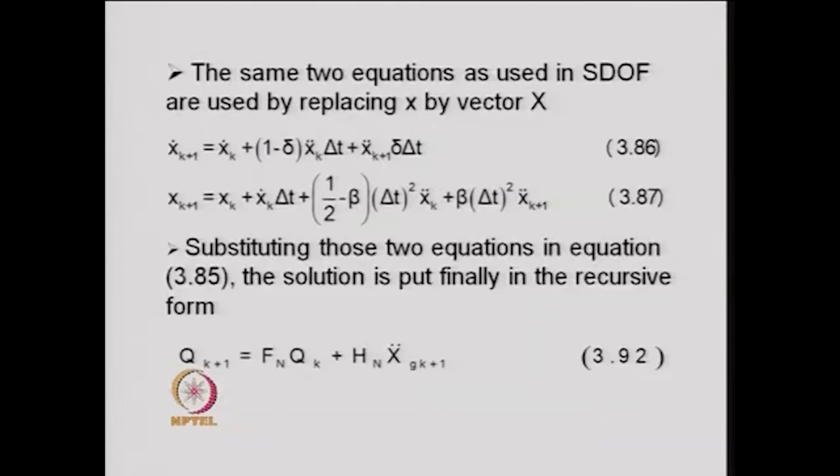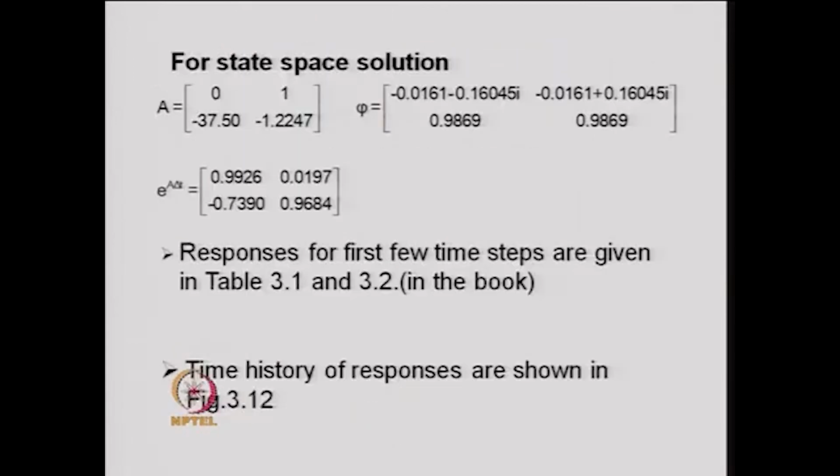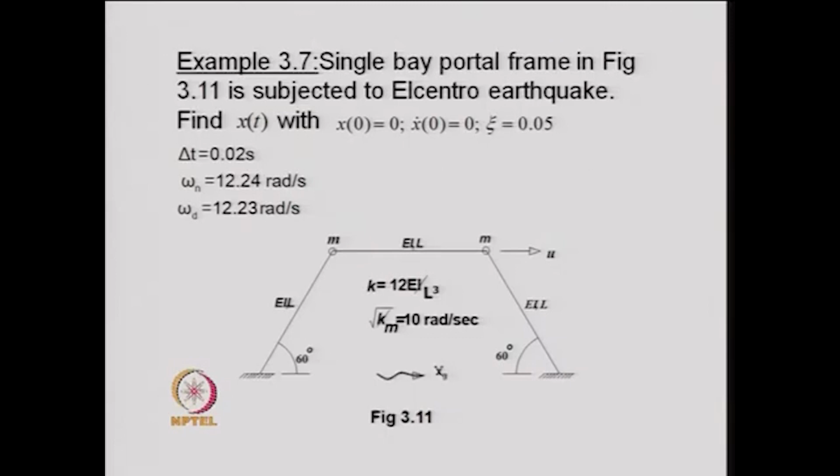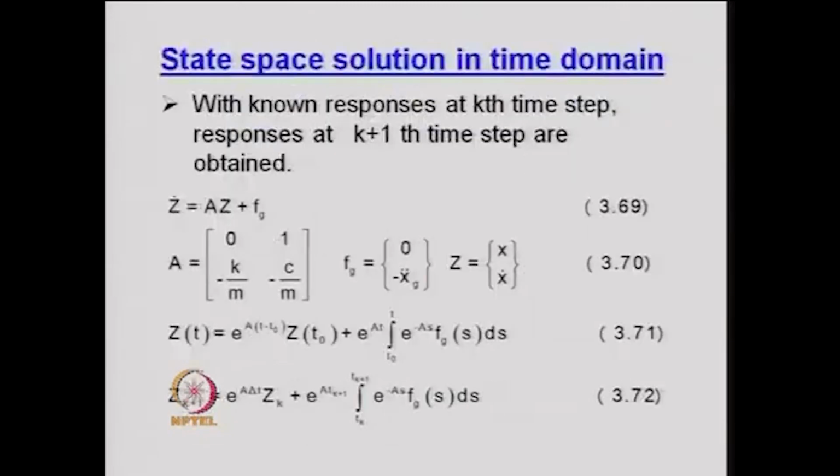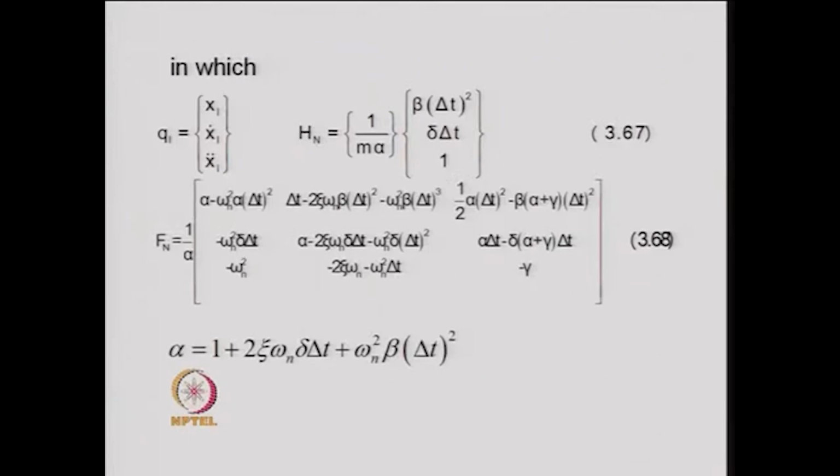In order to remind you of the form of the recursive equation, let us have a look at it. This was the recursive equation that we use for Newmark's beta method. This is the Fn matrix and this is the Hn matrix.